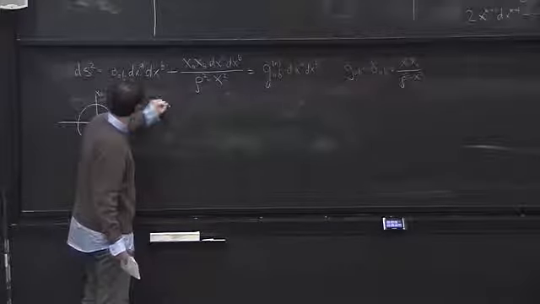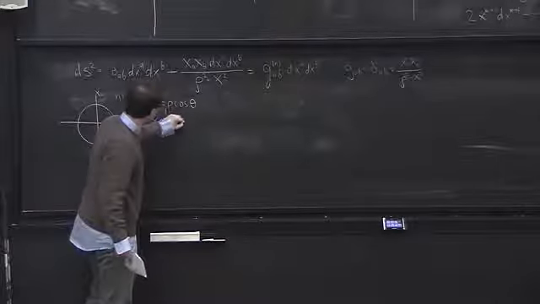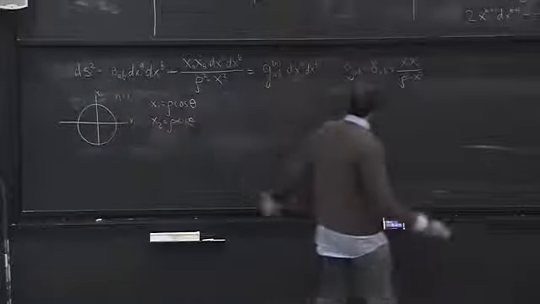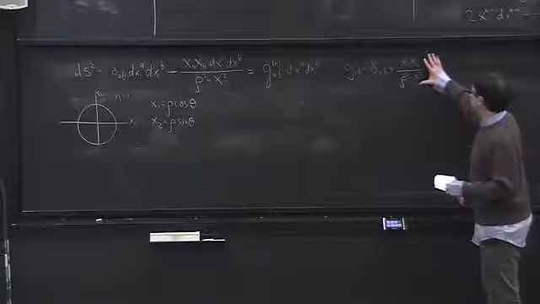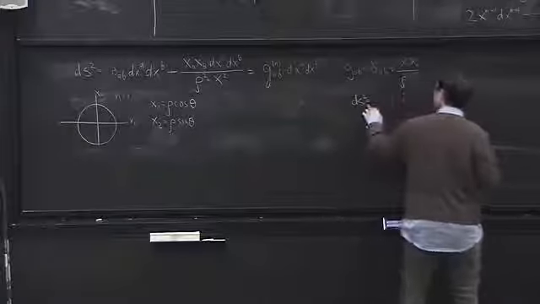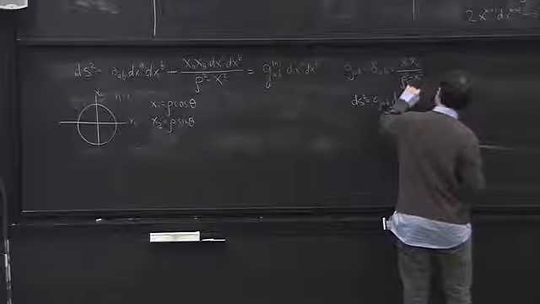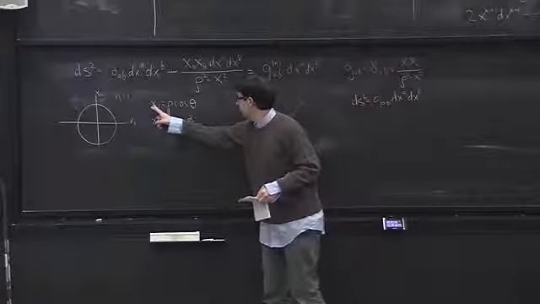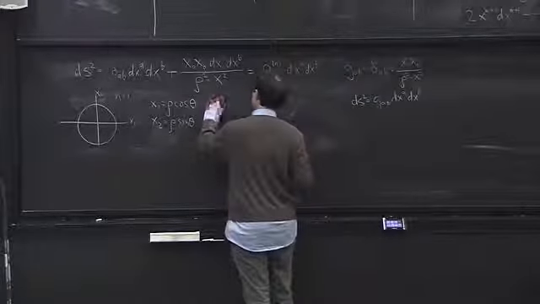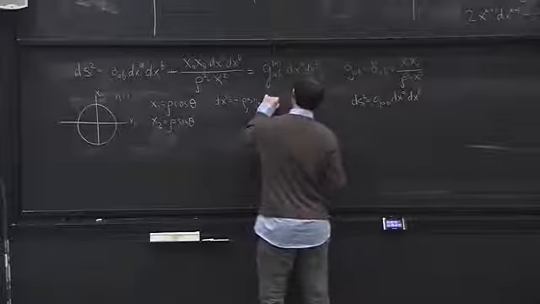So you replace x1 by rho cosine theta, and x2 by rho sine theta, and you plug those expressions in, along with the corresponding expressions for dx1. dx1 would be minus rho sine theta d theta, because rho is a constant.